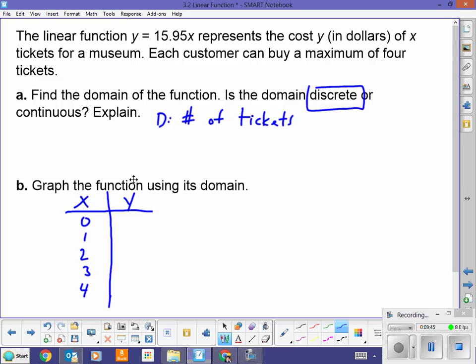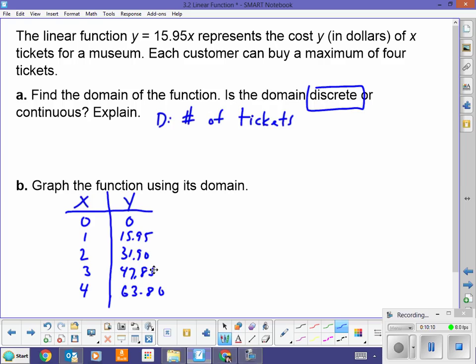And then if I multiply by 15.95, every ticket is $15.95. I would have $0, $15.95, $31.90, $47.85, and $63.80.